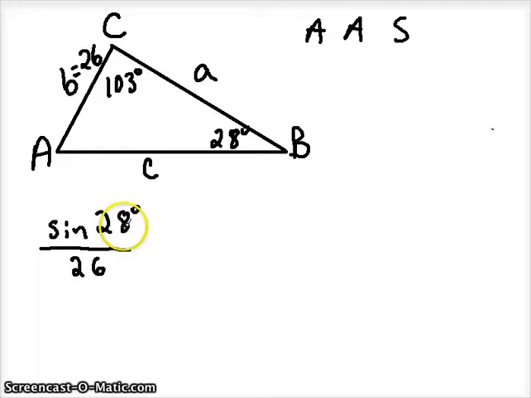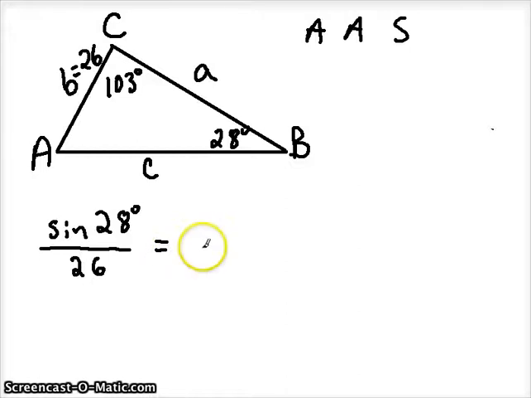If you set up all of your ratios with your angles on the bottom and your side lengths on top, it will still be solvable. But you have to set up every single one of your ratios the exact same. So either you could put sine of angles on top in your equations, or you can put sine of angles on the bottom. As long as you do that to every ratio, it works out.